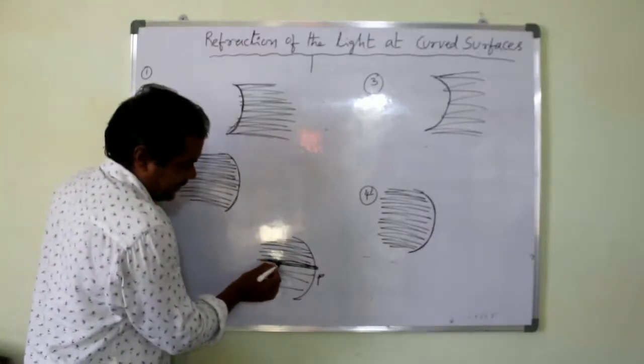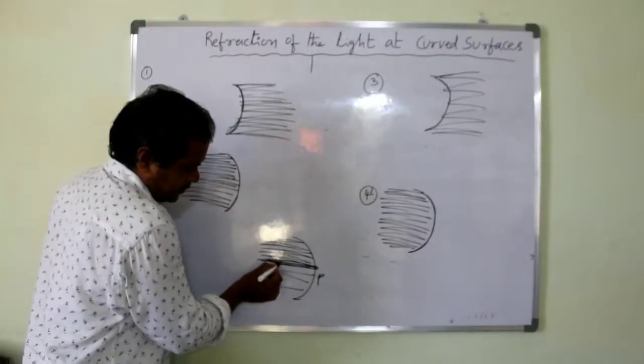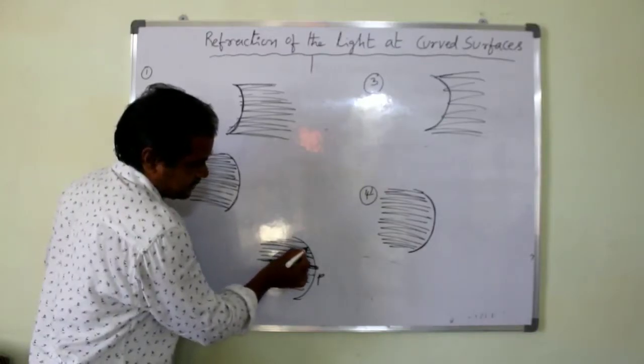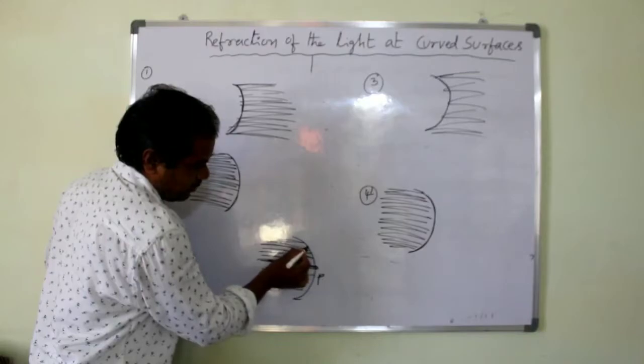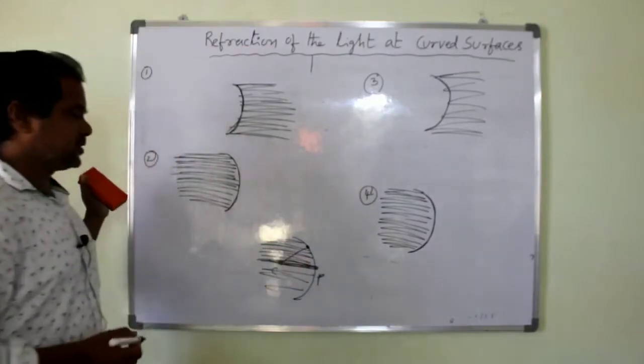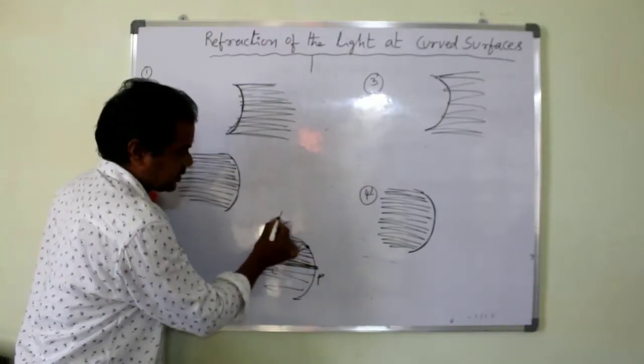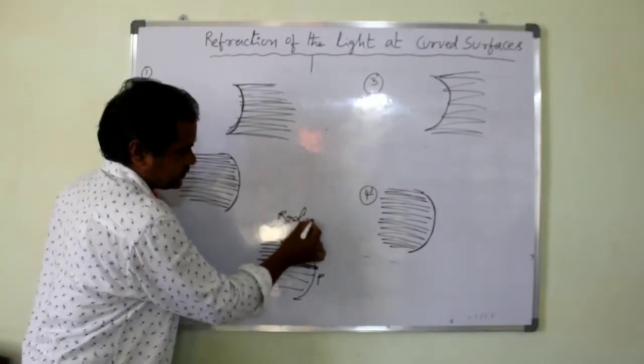Any line which passes from C and meets any point of the curved surface is also called a radius.